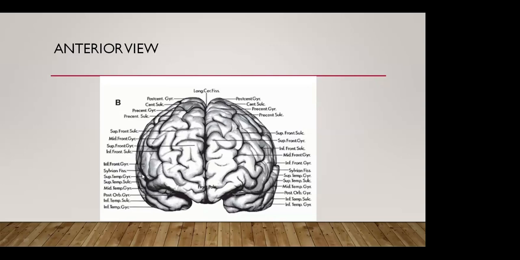On the lateral aspect we can also appreciate the Sylvian fissure, the temporal pole, and the temporal lobe. I'll take you through different views of the cerebral hemisphere so that you become acquainted with how the lobe looks from different views.